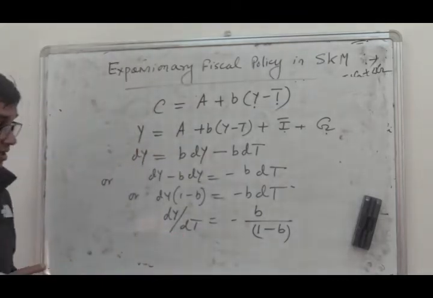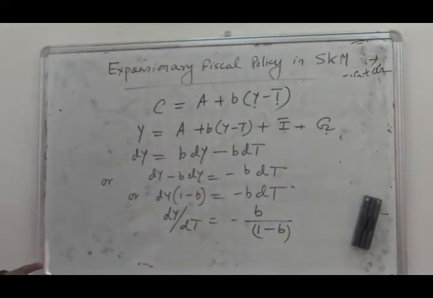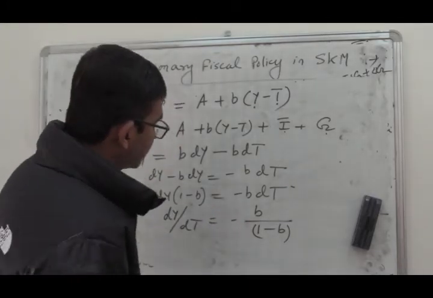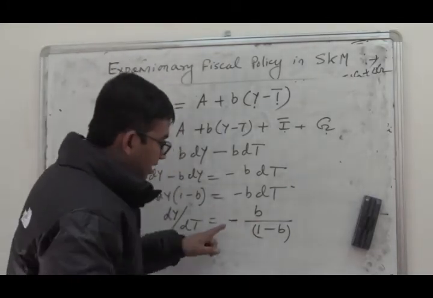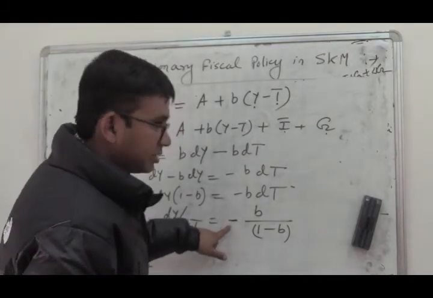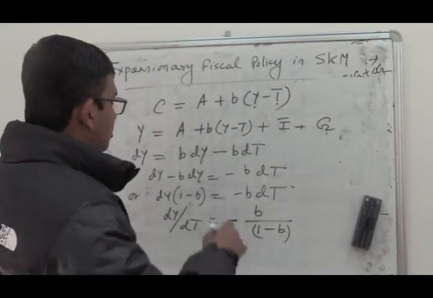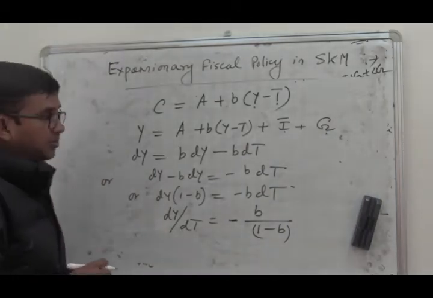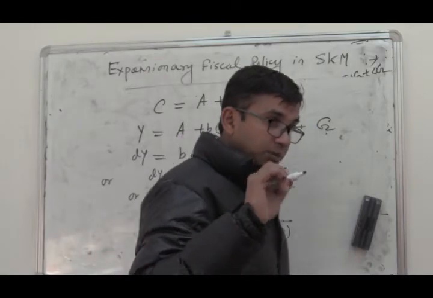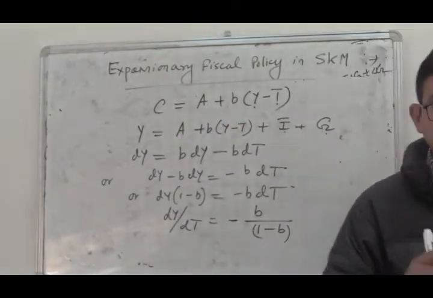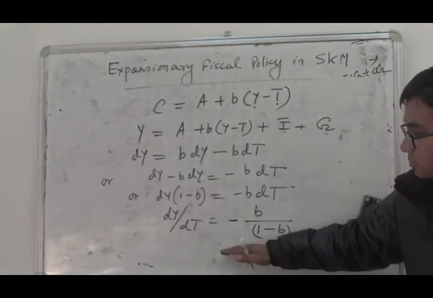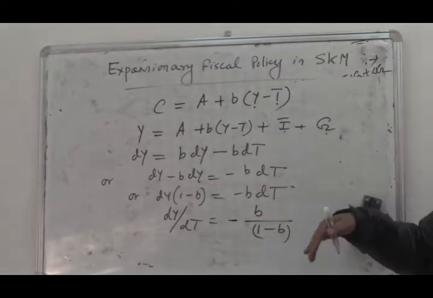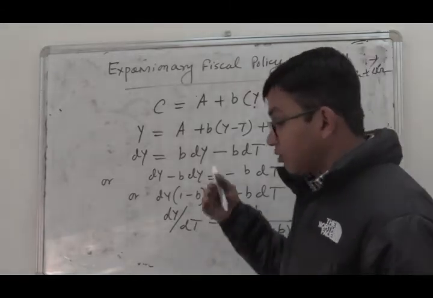First of all, remember that this is negative in nature. Why is this negative? So far, all the multipliers we have considered are positive in direction. But this is the first multiplier we are finding which is negative in direction.